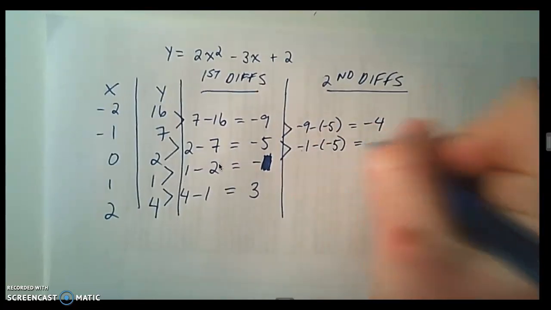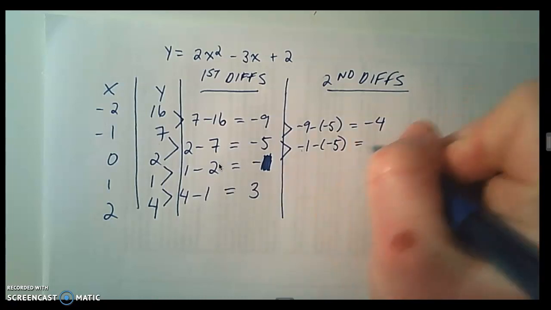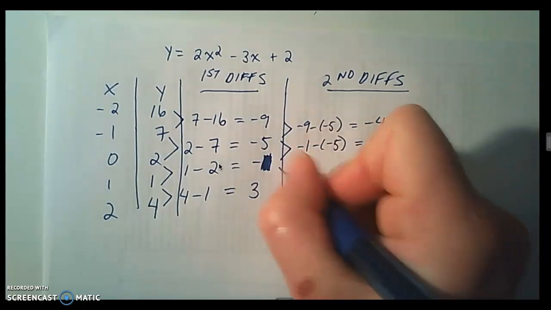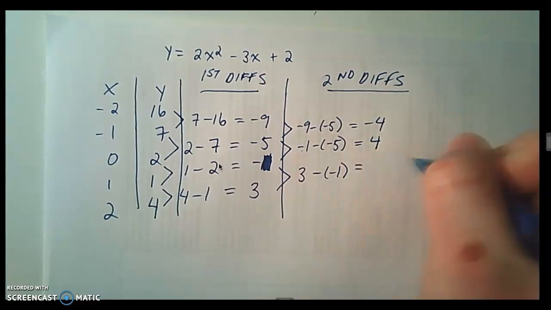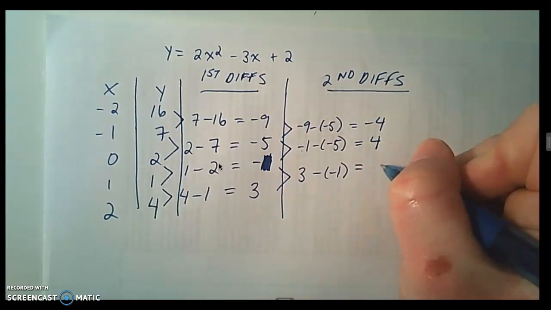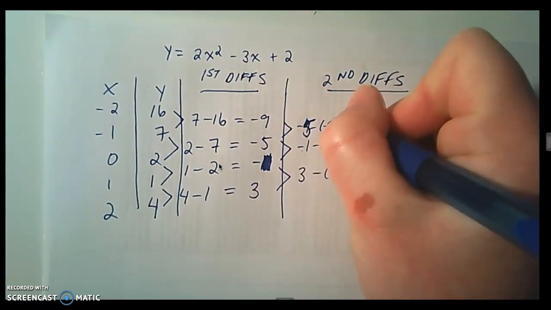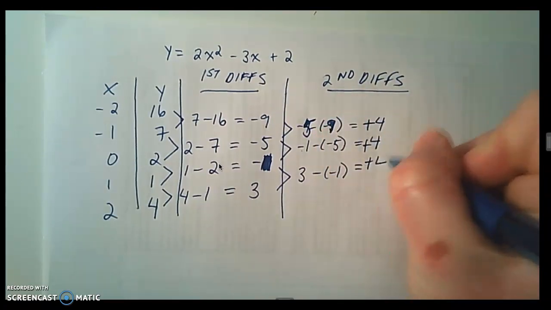Negative 1 plus 5 is 4. 3 minus negative 1 equals, oh, that's why. 5 minus negative 9 is going to give me plus 4, plus 4, plus 4.